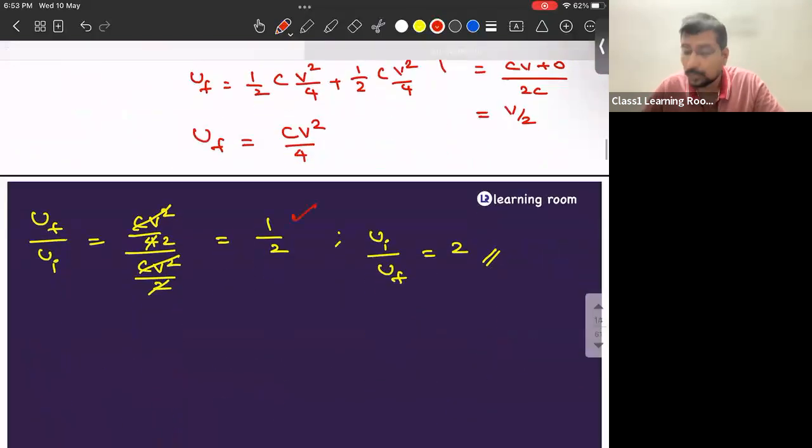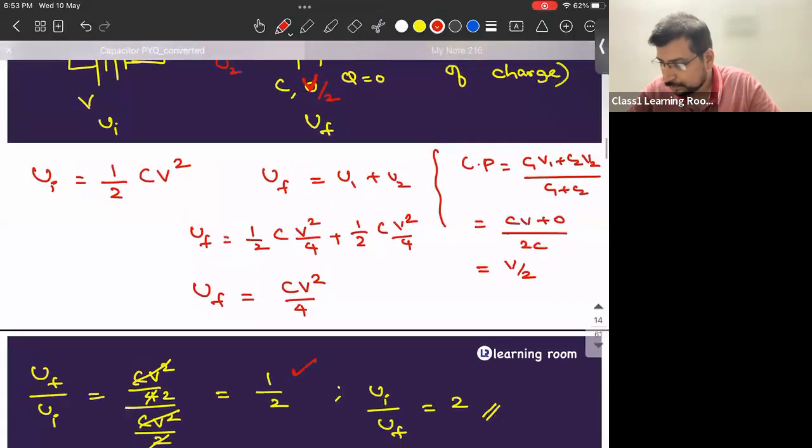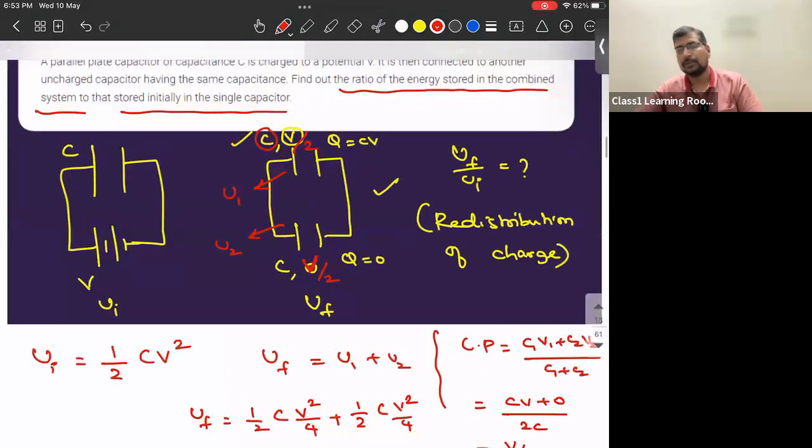So this is what you need to report. Suppose the same question comes in an MCQ, next time you can remember. You need not sit and solve the whole process. You can remember whenever this kind of a problem is there, U final by U initial is half and U initial by U final is 2. You can make a note of this.